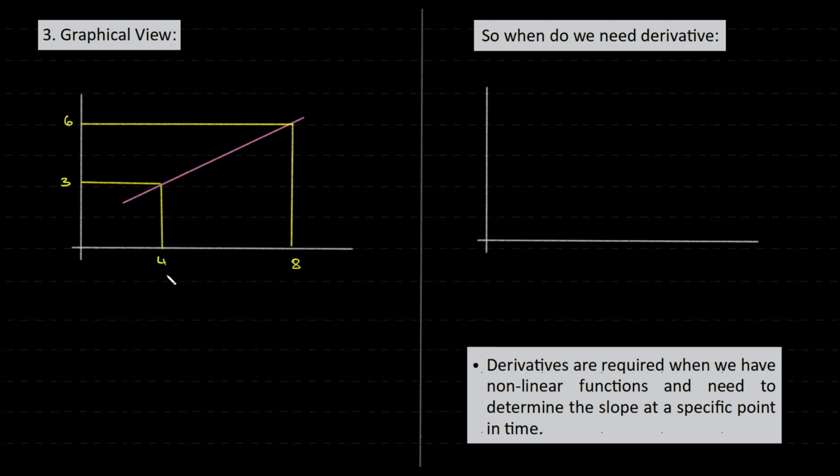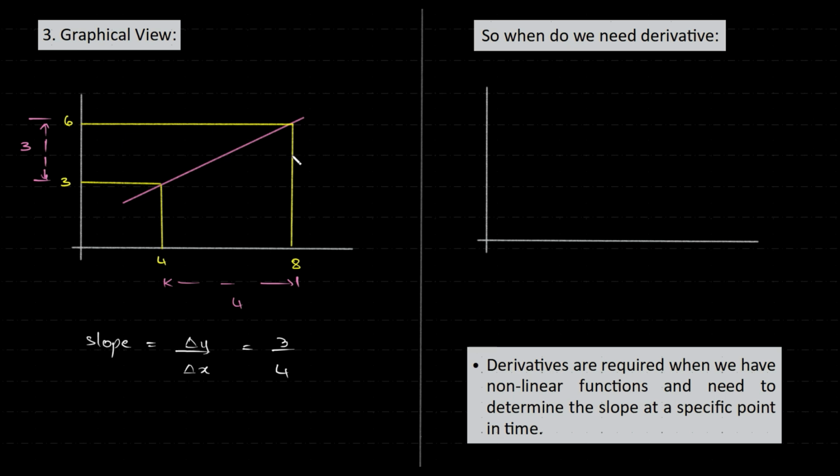So basically over here we are looking at change along the x and change along the y. So this would be 4 and this would be 3. Now slope of this line is delta y by delta x. So we have a rise of 3 for a run of 4. So the slope of this line is 3 by 4.